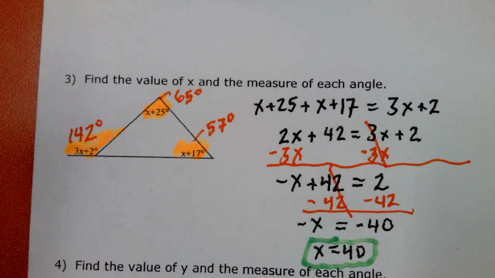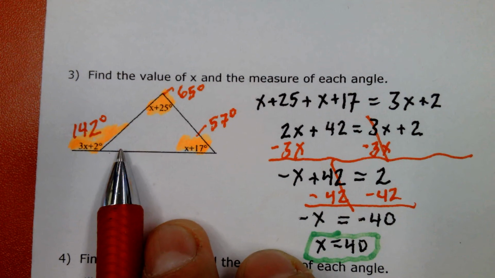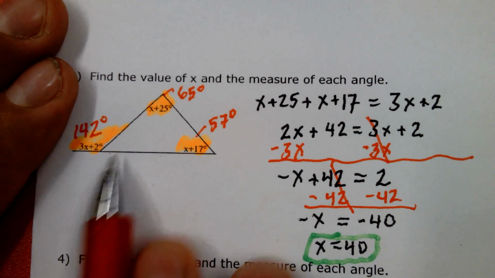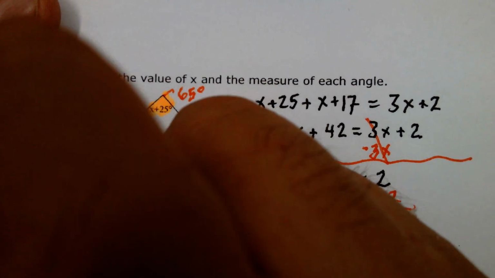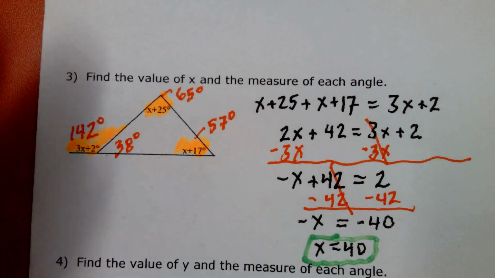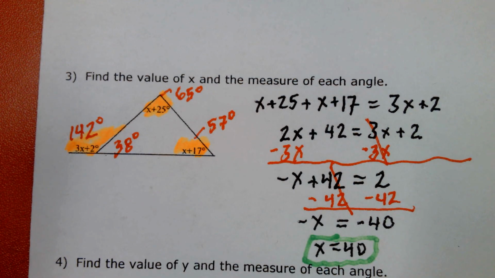What's 57? 57. And here's the part that we also have to figure out, this one, right? We could do 180 minus 142, and that's what? There we go. So we figured out all the measurements of the angles.